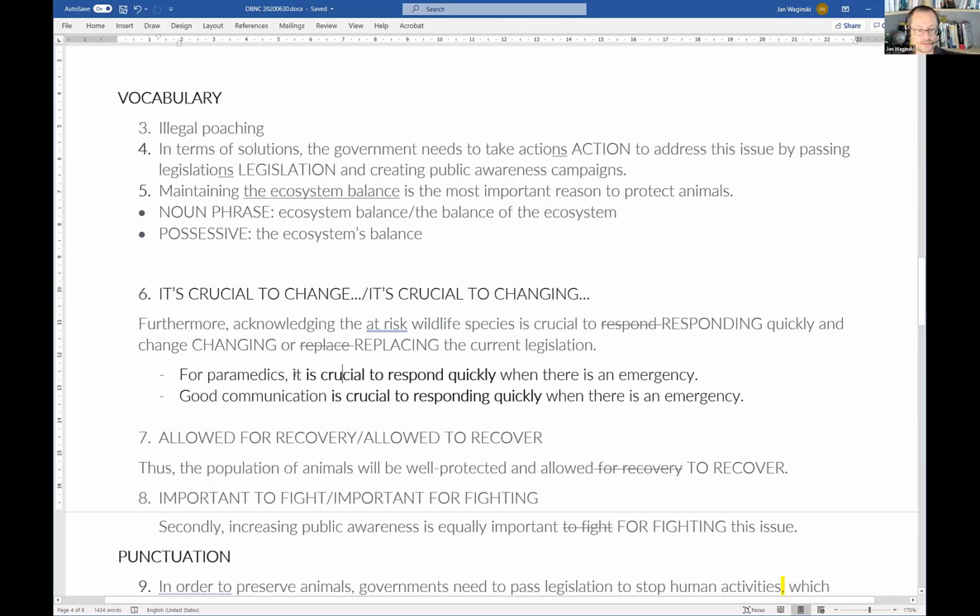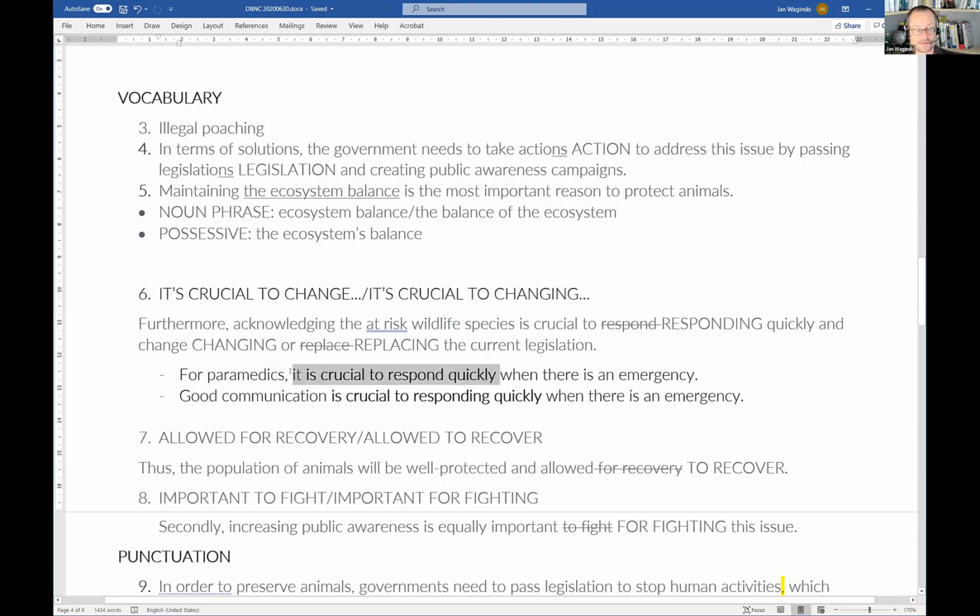I want to draw your attention to the subject. This is a dummy subject, right? Like it here doesn't mean anything. Like when you say it is sunny outside, it doesn't mean anything. It is crucial to respond quickly. It's important to respond quickly. This thing is important.